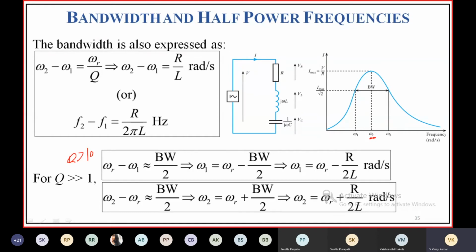If it is located centrally, what will be FR? FR is equal to (F1 plus F2) by 2. Otherwise omega R is equal to (omega 1 plus omega 2) by 2.